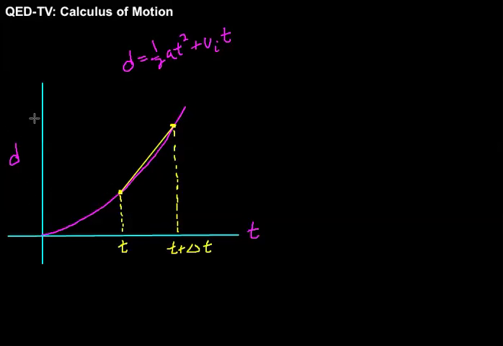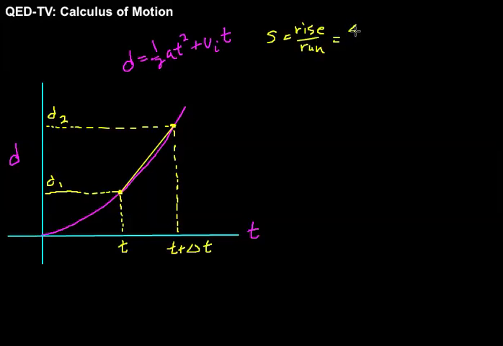So, what is the distance at this particular time? For right now, I'm just going to call it d1 to make it easy. And the distance at this particular time, t plus delta t, is d2. And so if I want to find the slope of this, if you remember, slope is rise over run.